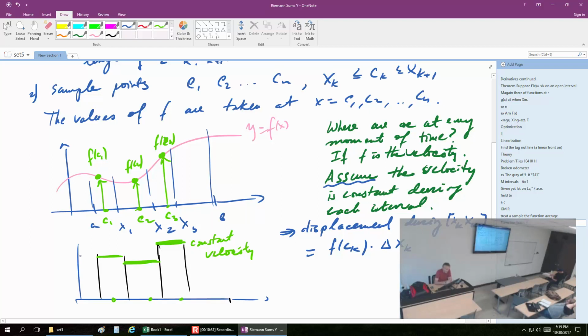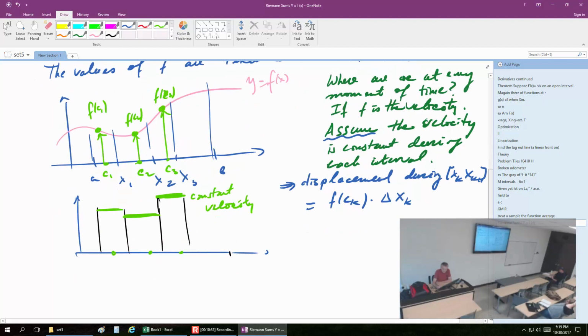Okay, and then the displacement over each period of time is the product of the height of each of these rectangles times the width, which is simply the area. It's certainly convenient to remember that each time period will produce something that resembles a rectangle, and each of them has this area.